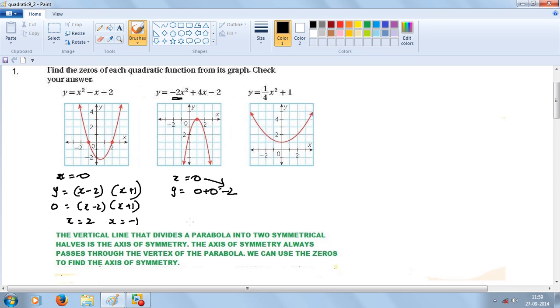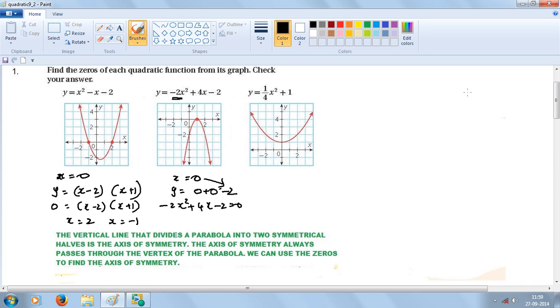y is equal to 0 means minus 2x squared plus 4x minus 2 is equal to 0. If you take a minus, see this 2 is common.